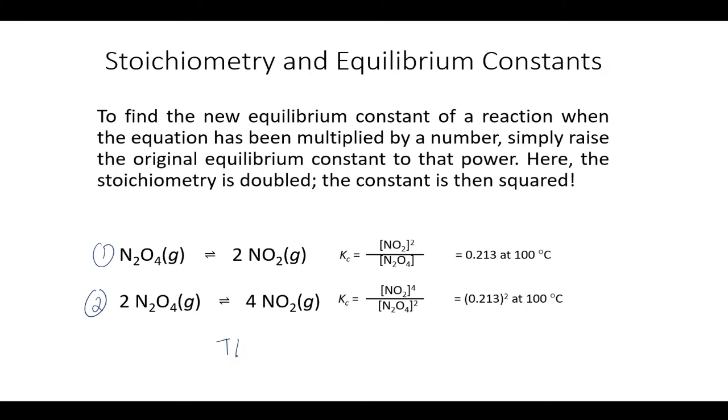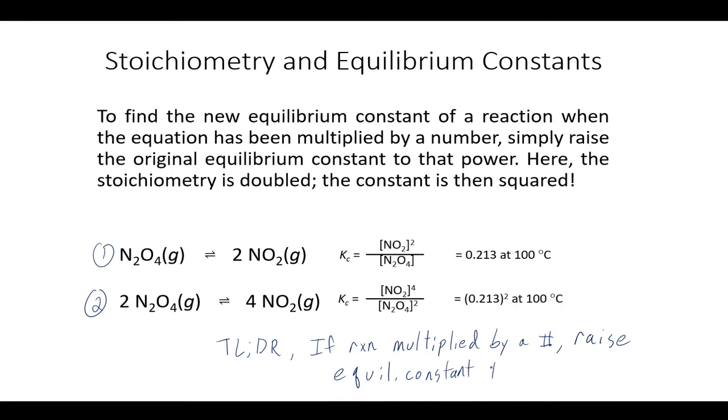So here the TLDR is: if a reaction is multiplied by a number, raise the equilibrium constant to the power of that number.